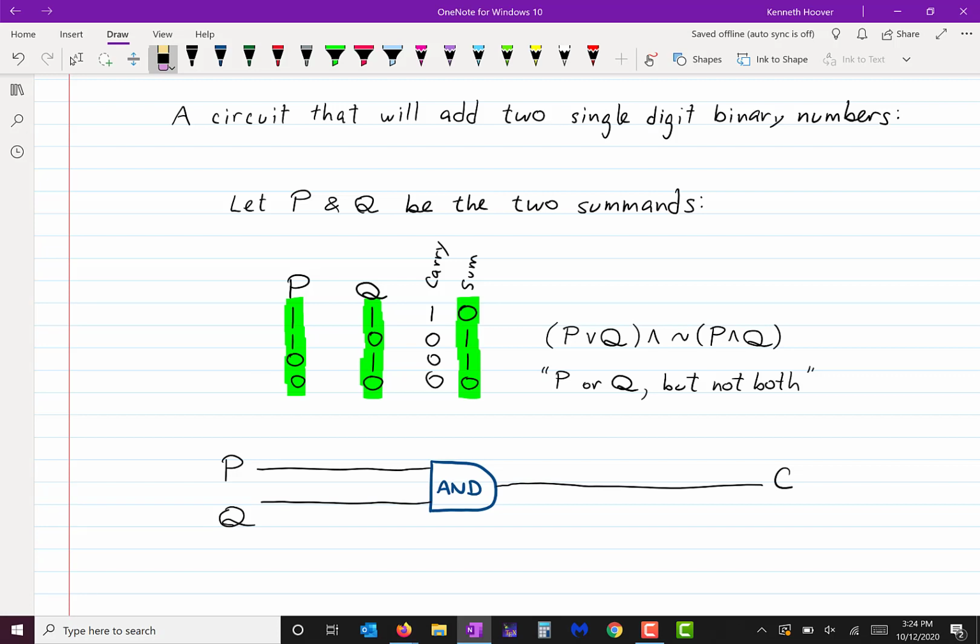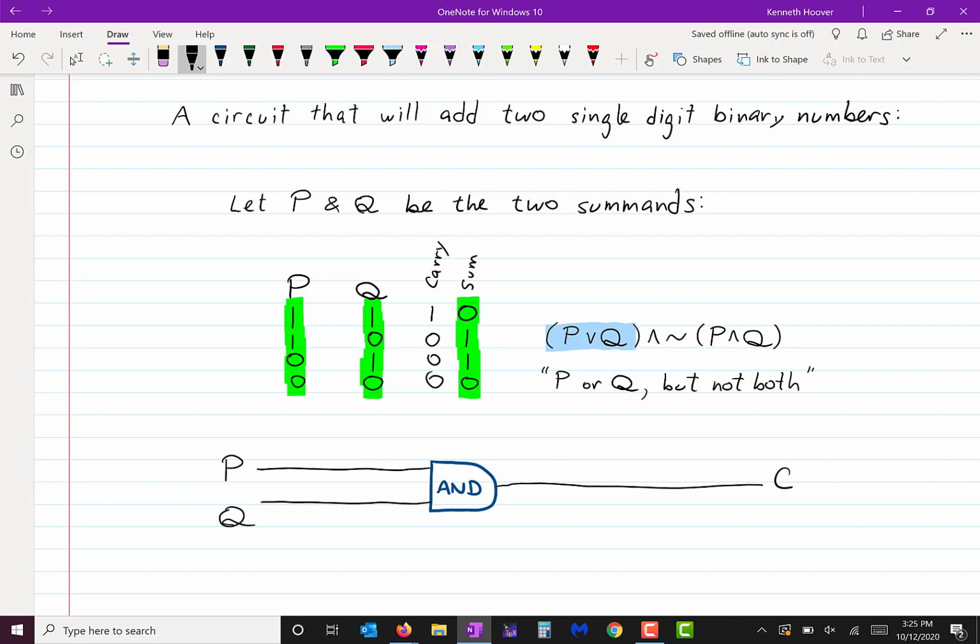So the only two rows where we get a signal output is where we have P or Q, but not both. And that's what this says over here: P or Q and not P and Q. So that's P or Q, but not both. So that's how you get the sum, which, again, is a weird name for it, but that's what the book calls the ones digit of our answer. So that's how you get the ones digit.